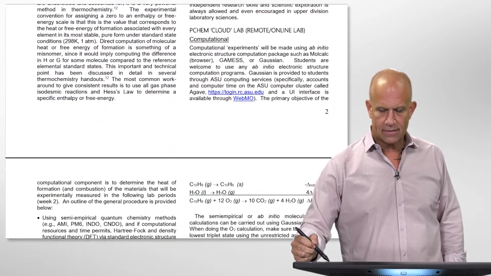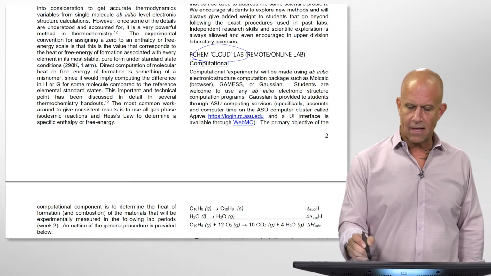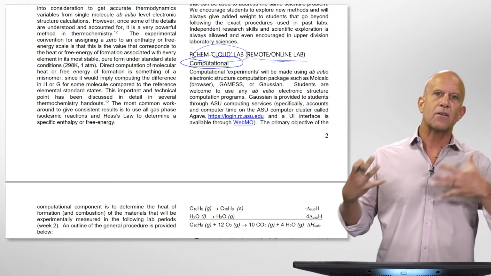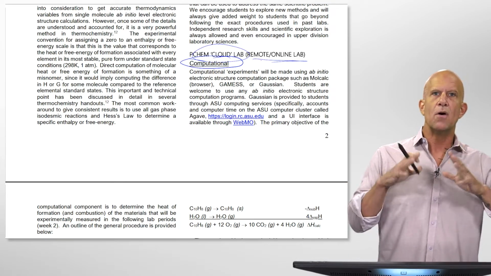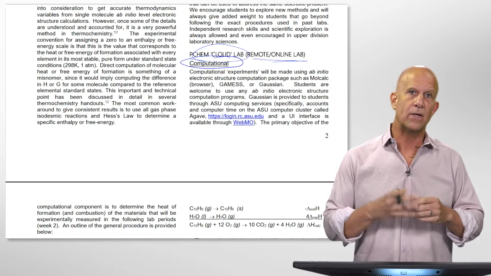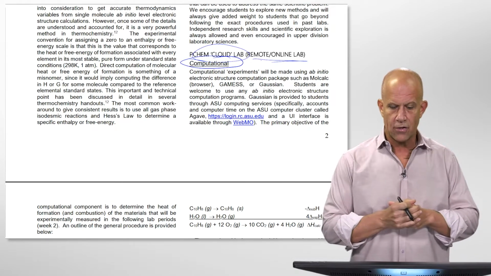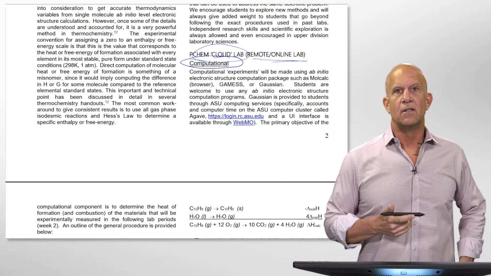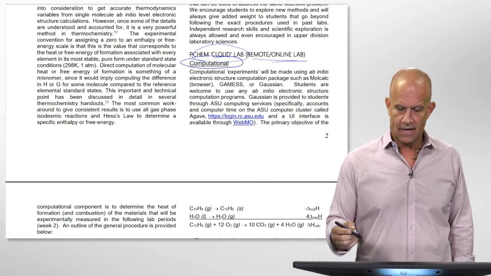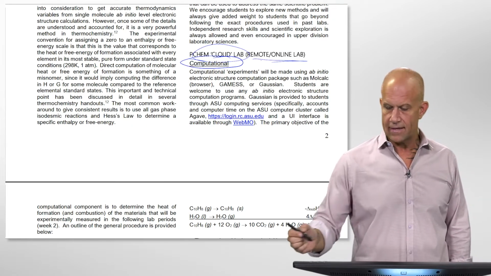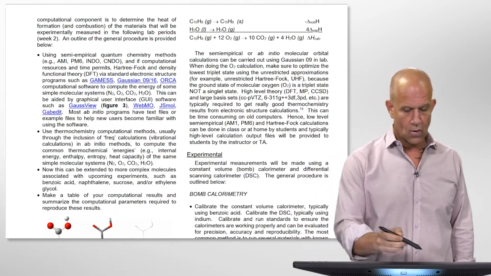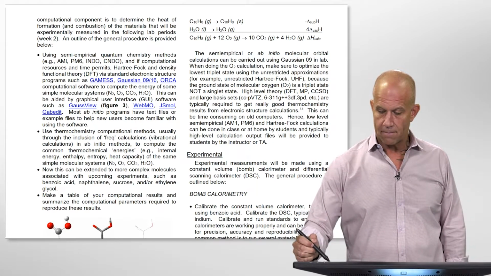So like we said, we call this often PChem Cloud Lab, which is mostly remote or online. And typically we start these projects at the computational. So students have access to computing resources, the research clusters at Arizona State University, where they can do research level ab initio quantum chemistry calculations. And the details are provided in this handout of how to access these systems and what type of calculations are relevant for this project.